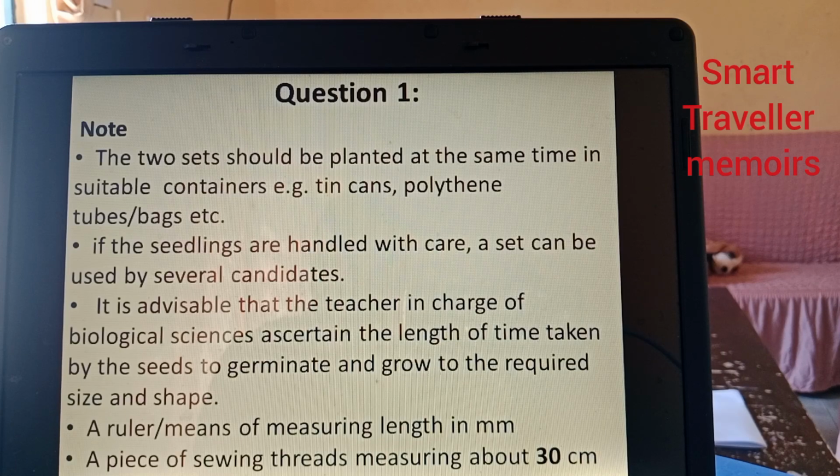A ruler or means of measuring length in millimeters will be required, and also a piece of sewing thread measuring about 30 centimeters for question 1.